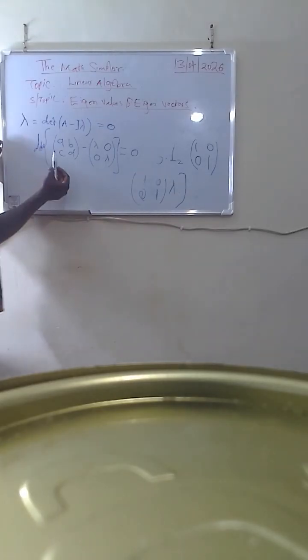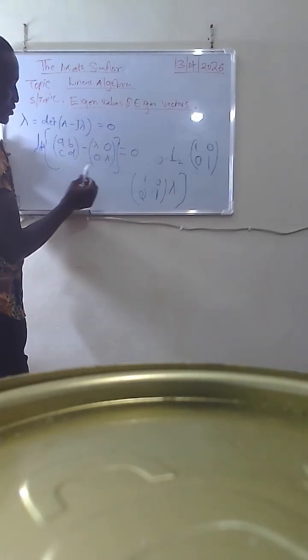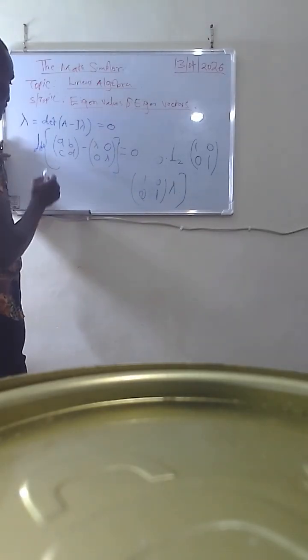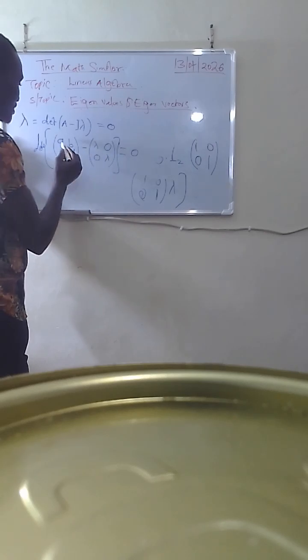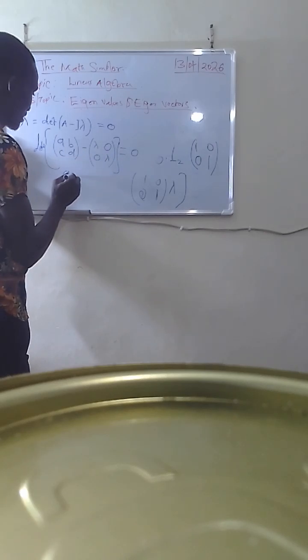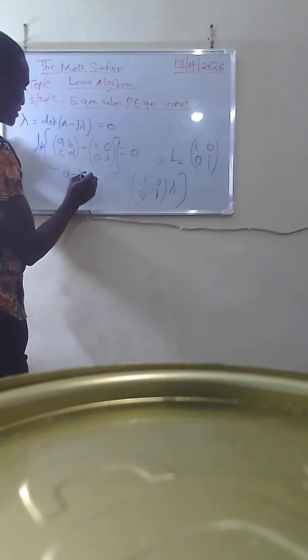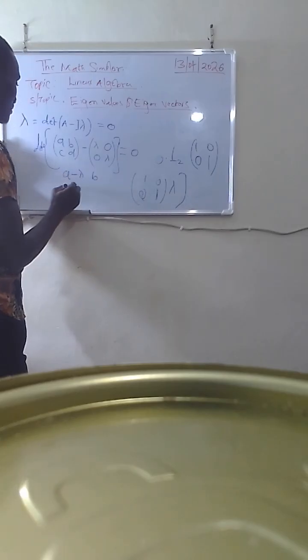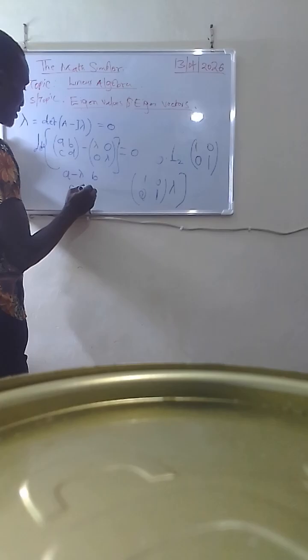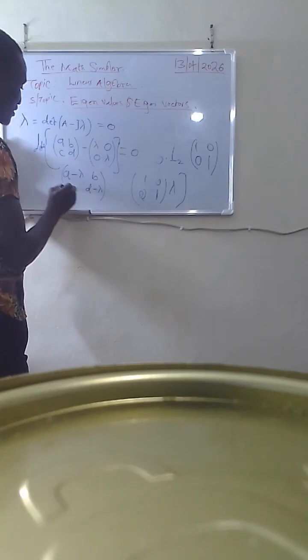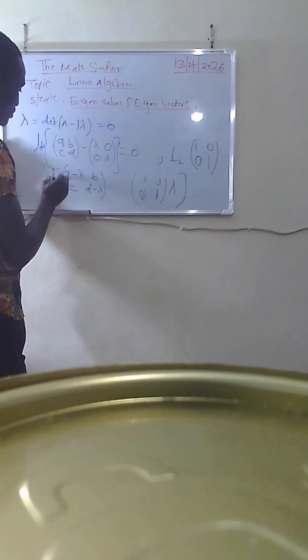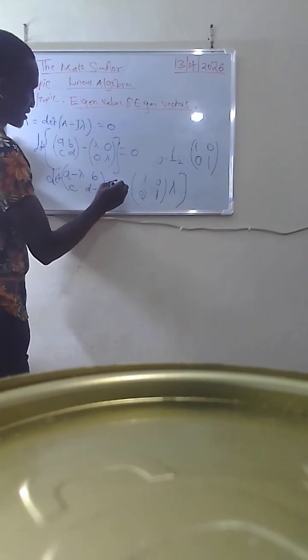So the first thing is to subtract this minus this. Here we'll have A minus lambda, B, then C, D minus lambda. This is what we'll get its determinant, then we equate to 0.